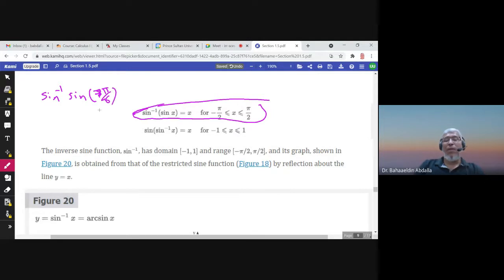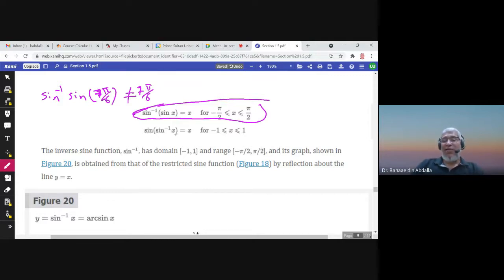Okay, 7 pi over 6 is greater than pi. So it's not in this interval. So this will not be equal to 7 pi over 6. You have to give me x between negative pi over 2 and pi over 2.